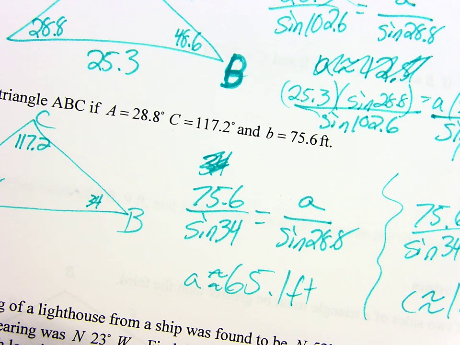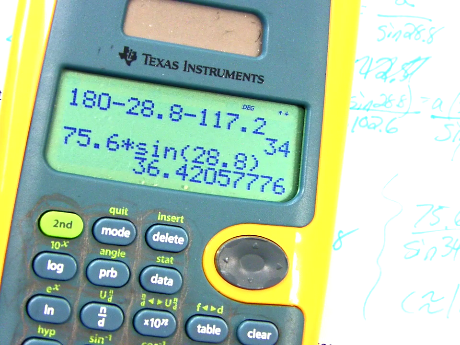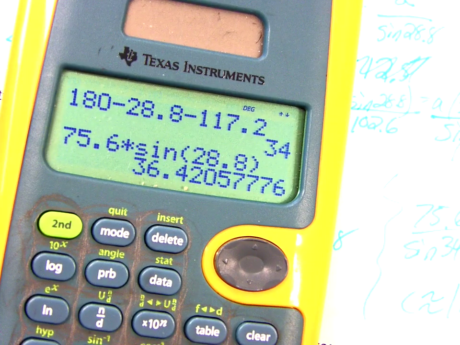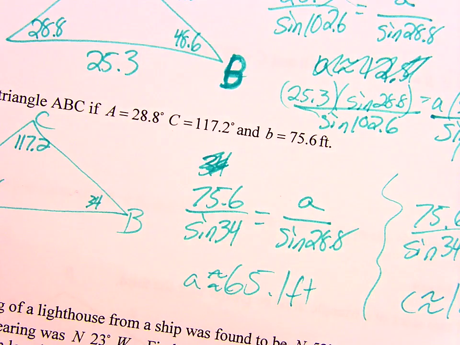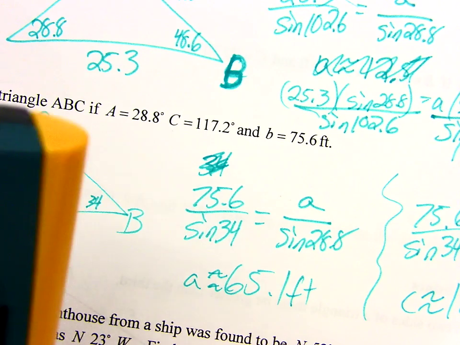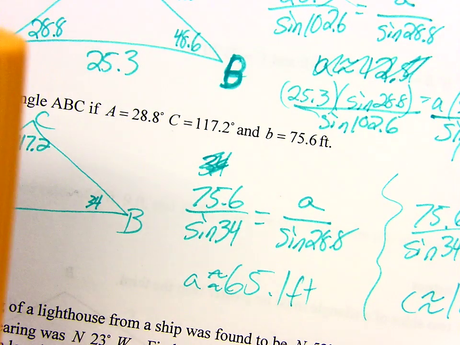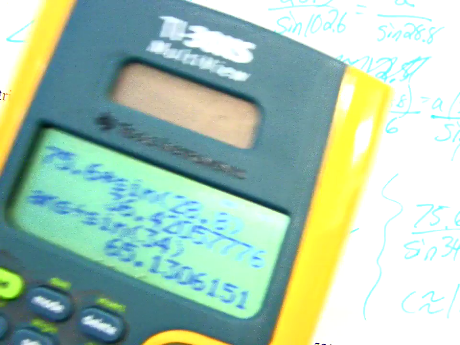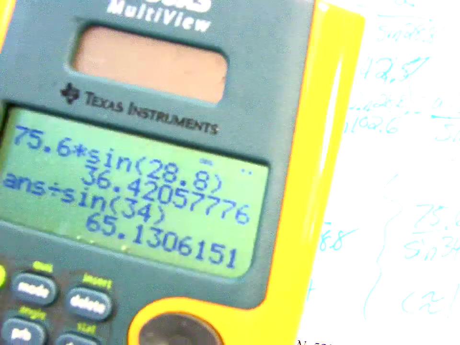My calculator comes up with 36.4. Oh, no. Sorry. Okay, that's on me then. Now, just divide that answer by sine of 34. Oh, well, thank you.